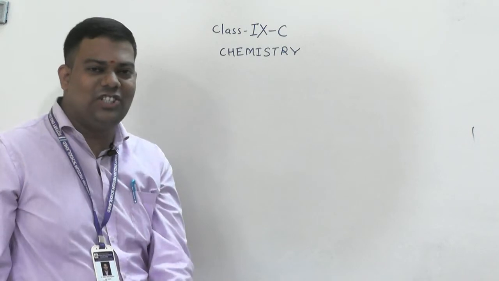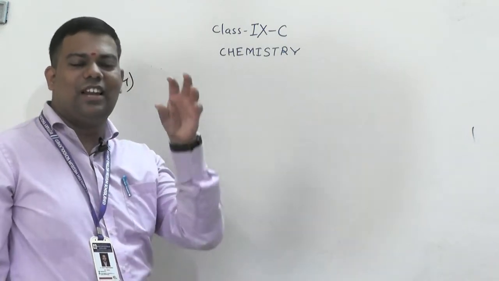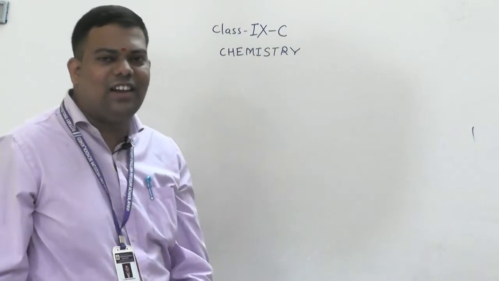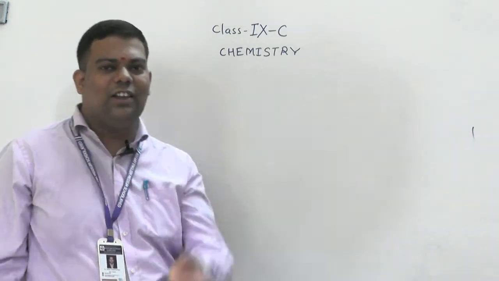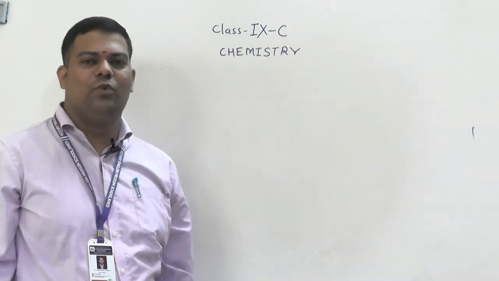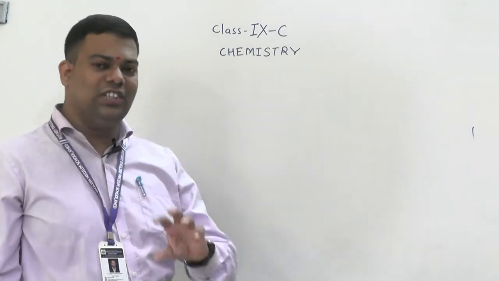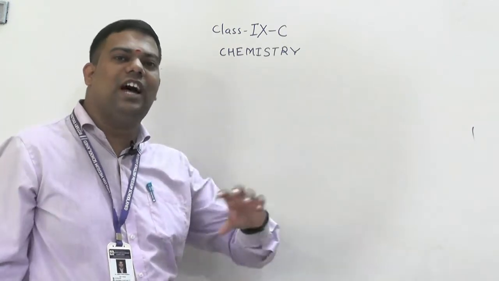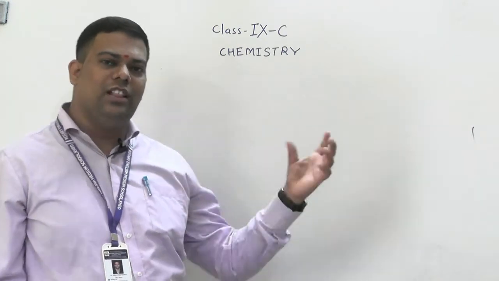If you are calculating the volume of gas, you multiply by 22.4 liter. From volume of gas, you are calculating number of moles, then divide by 22.4 liter. So this chart is also very important, and on the basis of the chart we are going to deal with this question.